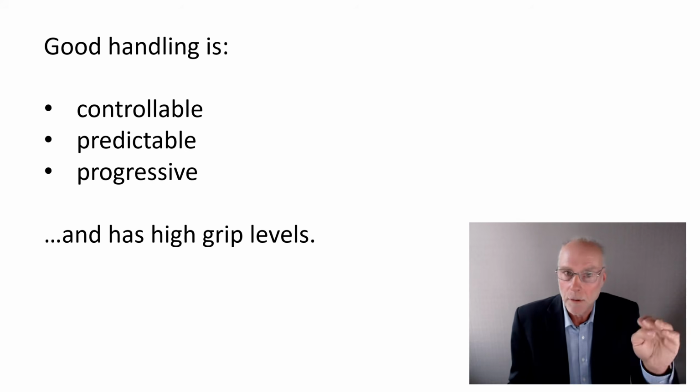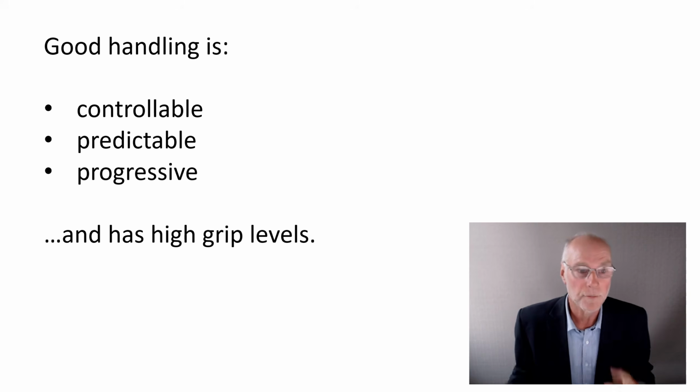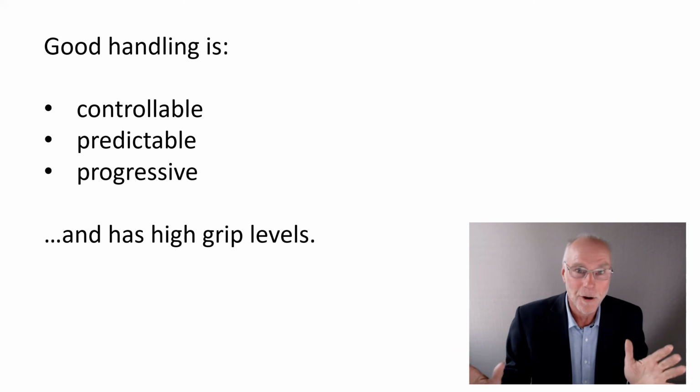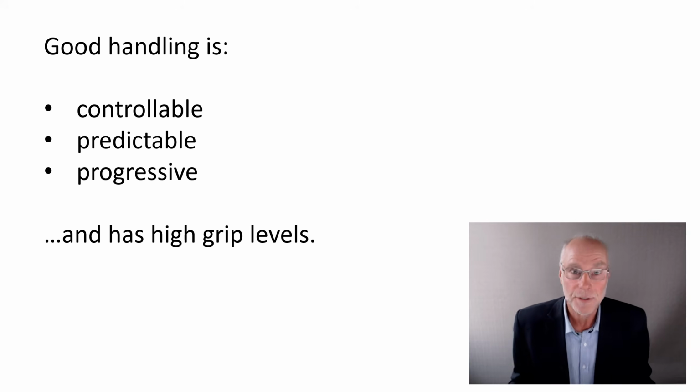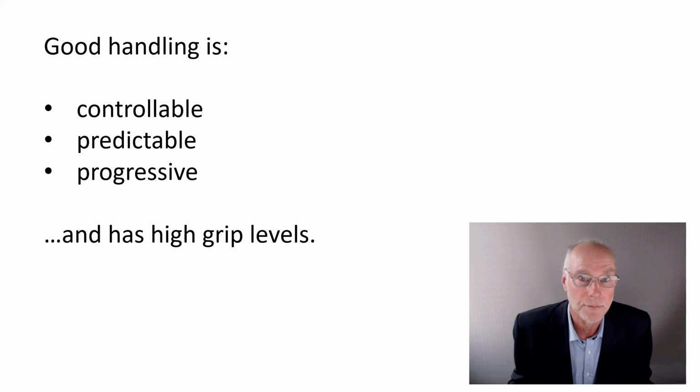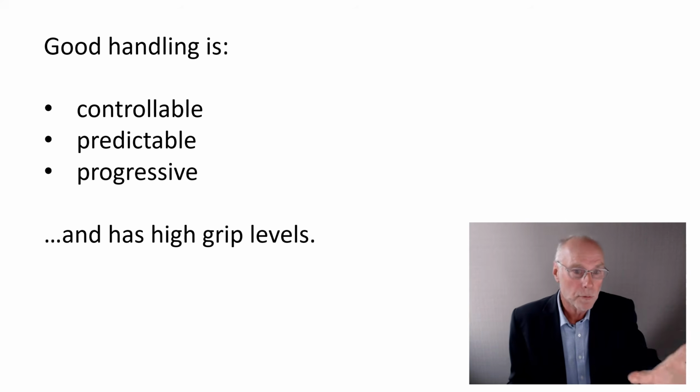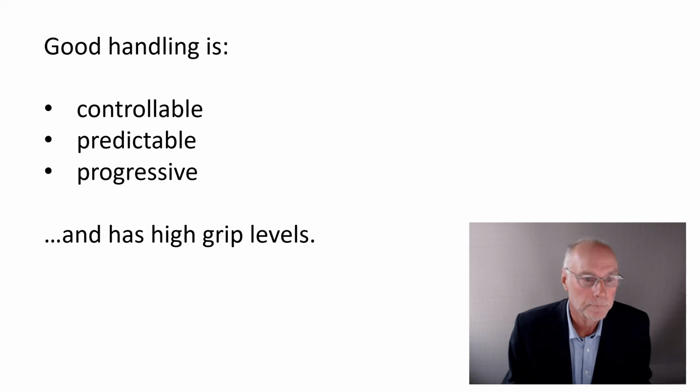But I think that order is the order to go for. Notice how I've put grip down the bottom. Even if the car has low grip, if it's controllable, predictable and progressive, you can just have incredible fun with it and place it on the road where you want. If it doesn't have any of those but it has a high grip level, I don't think much of the car. So controllable, predictable, progressive and has high grip levels.